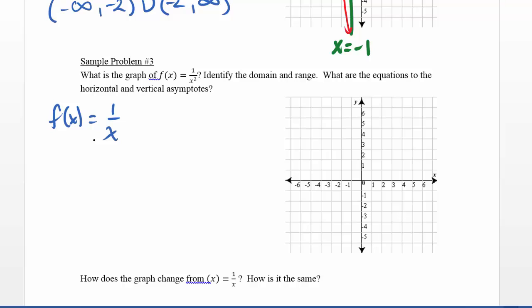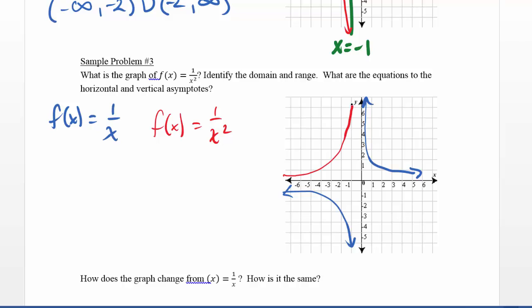If a normal reciprocal function looked something like this, but we were squaring the x now. So what happens here, 1 over x squared, whenever we square the x, if the x is negative, then we square that negative value, it actually ends up being positive. So our graph ends up actually looking like this.